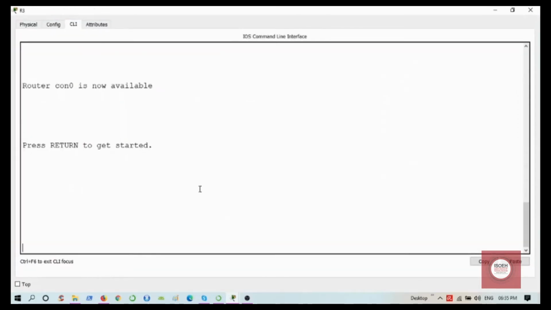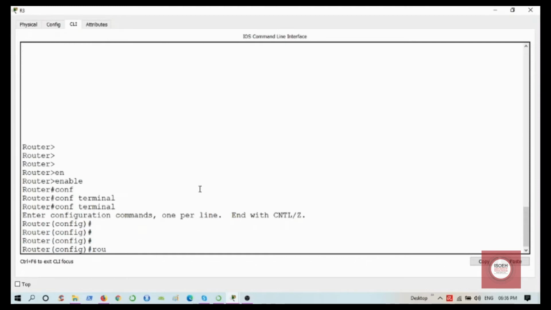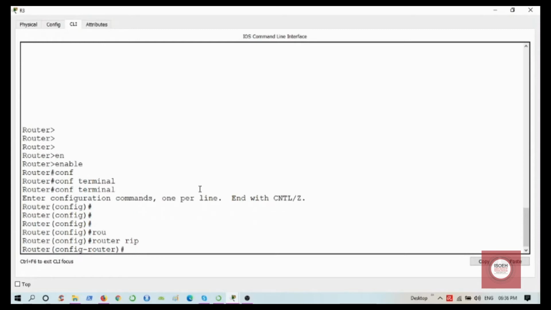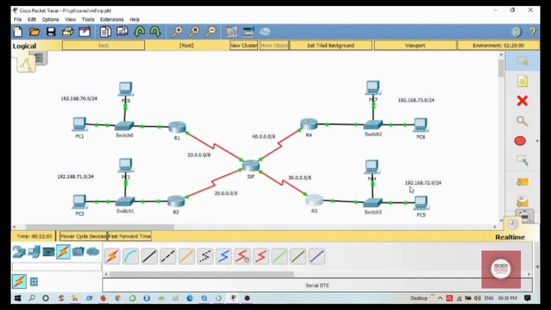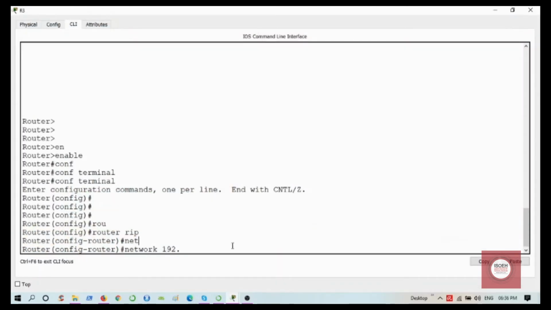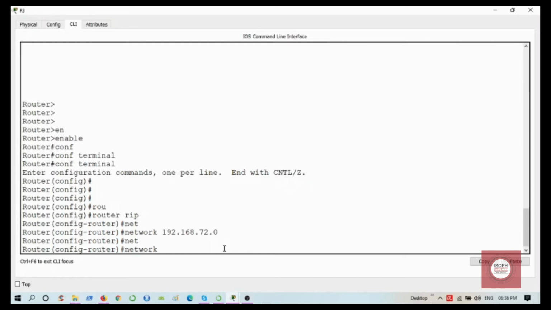Let's go to R3. Router rip, then network. This one is connected to this network 192.168.72.0 and also this 30 network. So network 192.168.72.0 and network 30.0.0.0. Okay.